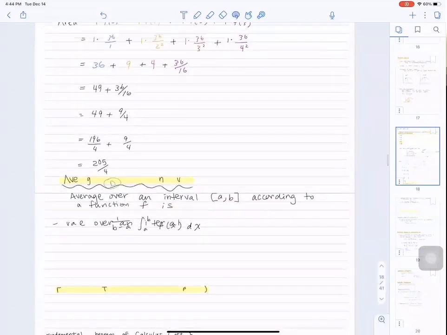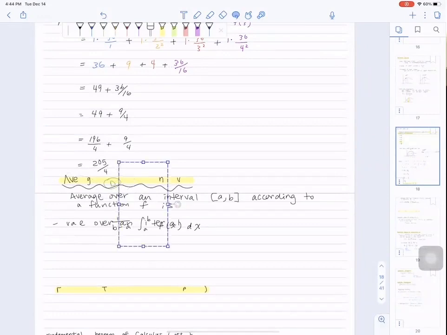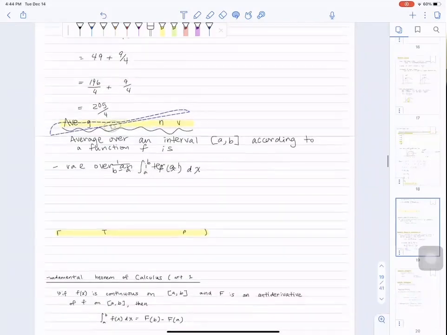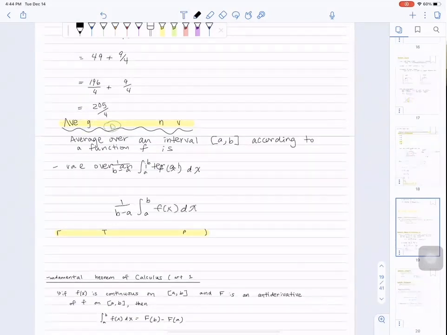Okay, so the next thing is, my slide got a little messed up, but this was the average over an interval. The average over an interval is 1 over b minus a, times the integral from a to b of f of x dx.